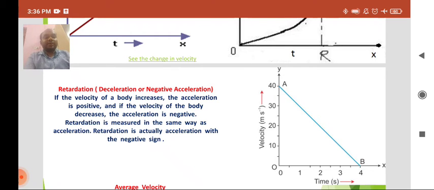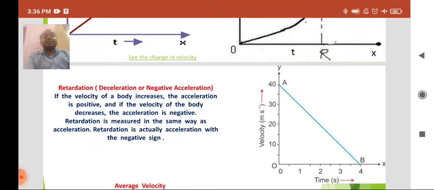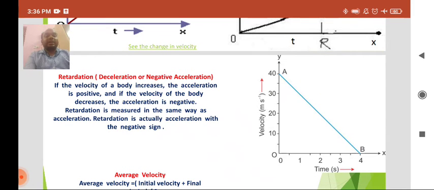In this figure, the graph between velocity and time represents retardation, because retardation is measured in the same way as acceleration. So retardation is actually acceleration with the negative sign. The negative sign indicates retardation.